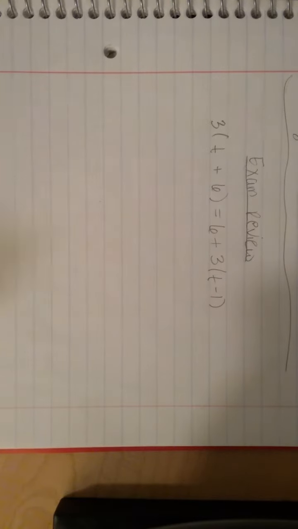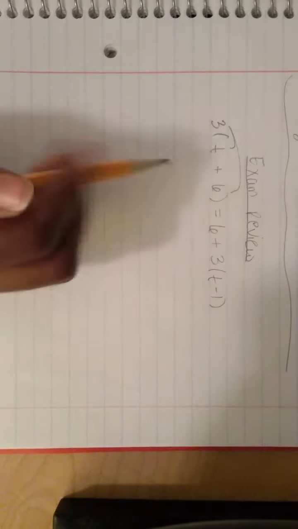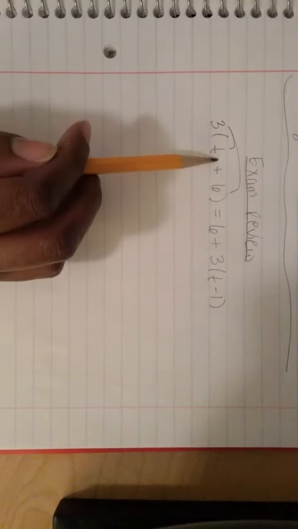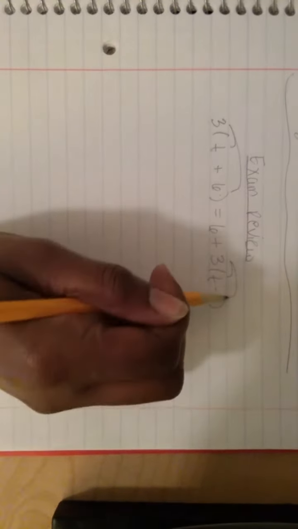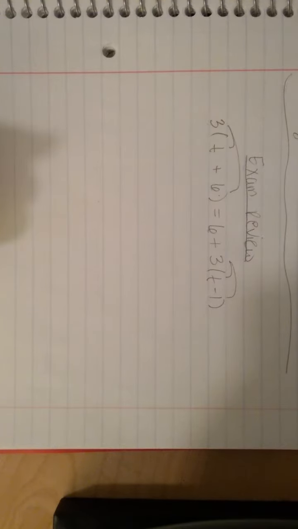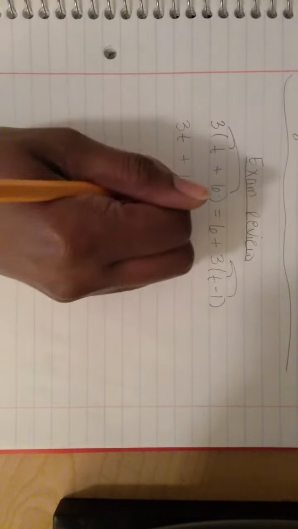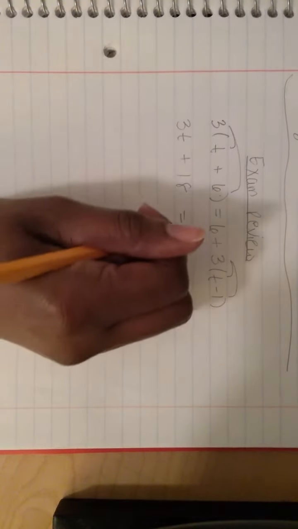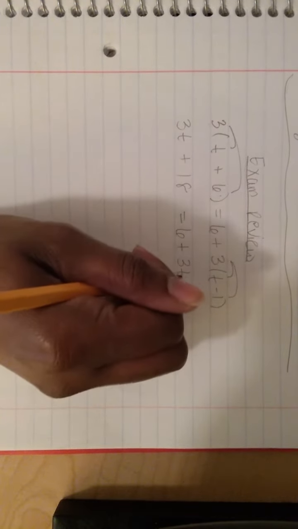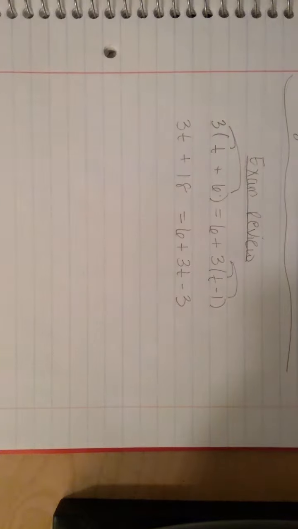So let's do that. We'll distribute 3 to everything inside the parentheses, and here we're going to do the same thing. That means we'll have 3t plus 18 equals 6 plus 3t minus 3.